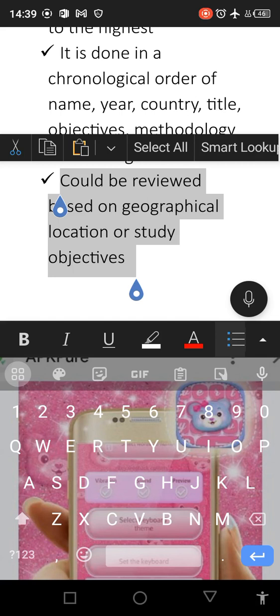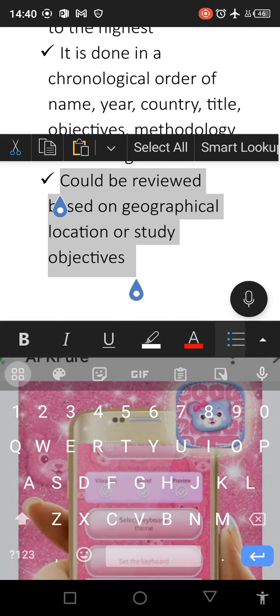Then under studies done in a developed country, you review empirical literatures chronologically, starting from the highest year, the recent year, to the lowest. And then you do the same thing for the others. That is how you review empirical literature geographically, based on geographical location.